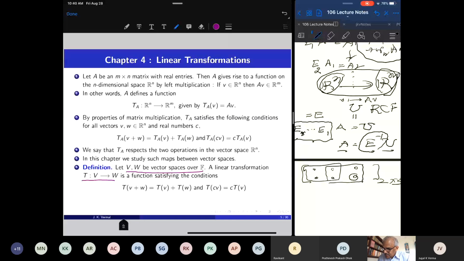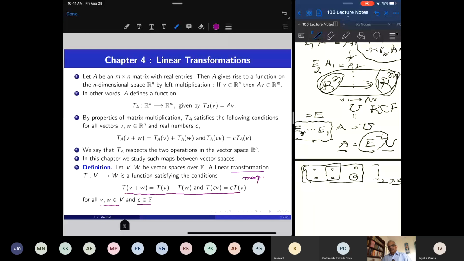If it respects addition and scalar multiplication, then it is called a linear transformation. But this should happen for all pairs of vectors and every scalar. These two are satisfied for every pair of vectors v and w and every scalar c. Then such a map is called a linear transformation, or sometimes we also use linear map to save space.